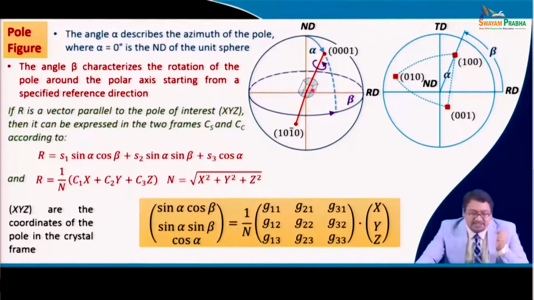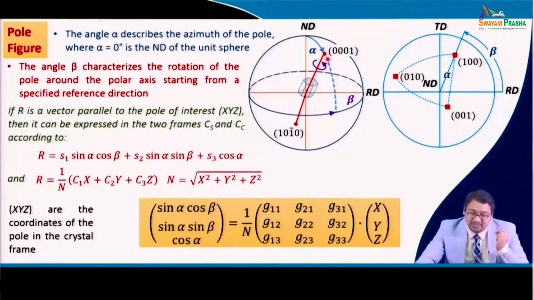Let us say this is S1, and S1 times sine of alpha, which comes out to be here, and then cos of beta, which comes out to be here. So in terms of S1 we have described R, plus S2, which is the transverse direction, TD, which is 90 degrees to RD and ND.